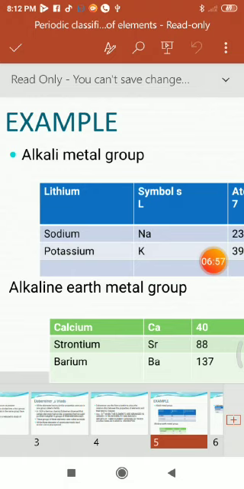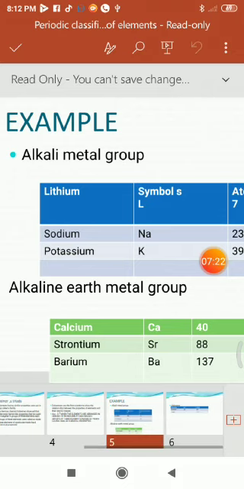The elements calcium, strontium and barium are called alkaline earth metals because their oxides are alkaline in nature and exist in the earth. These oxides are called alkaline earths, and hence the metals are known as alkaline earth metals.